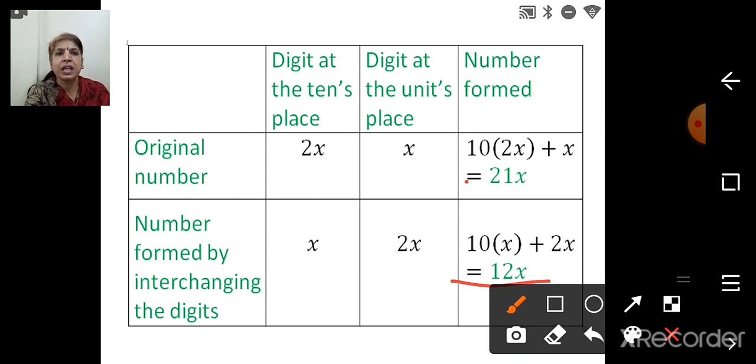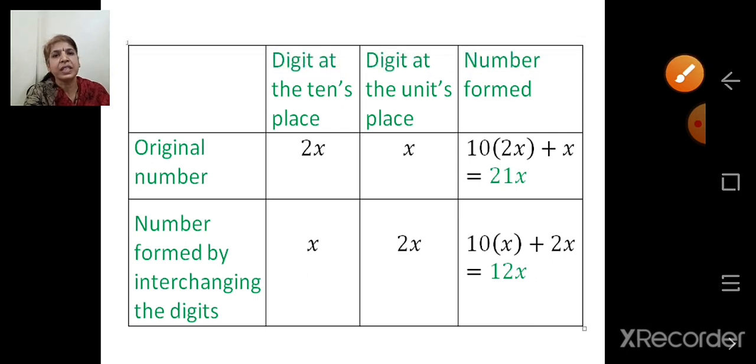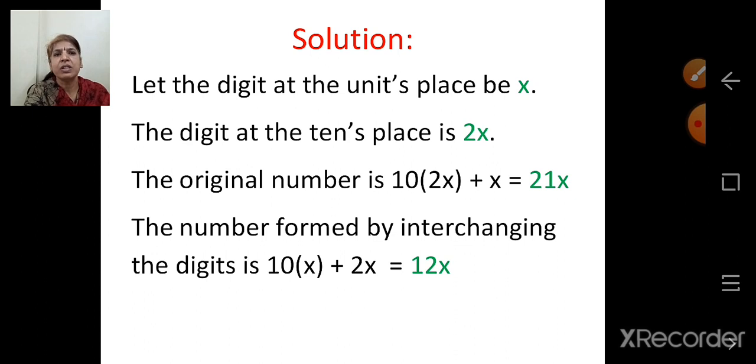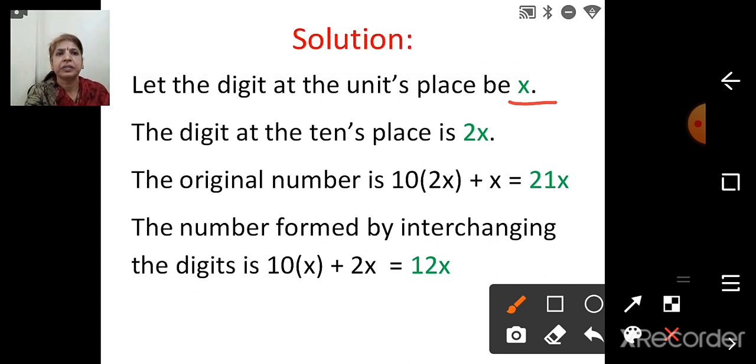And you can also check 21x: 2 was in the tens place in the original number, now it has come to the units place, it is 12x. Once this becomes easy for you, you will understand that writing the statement is easy. So, solution. Let the digit at the units place be x.